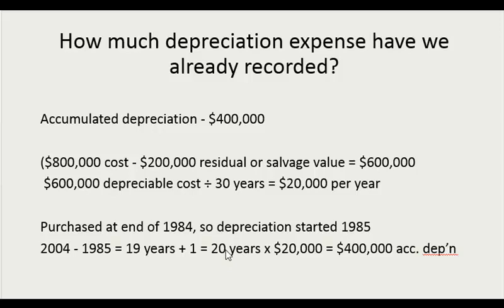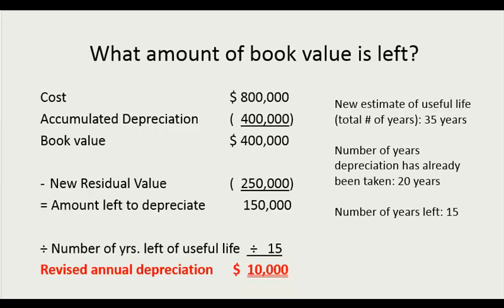So if we multiply the 20 years by $20,000 in depreciation expense each year, we can see how the $400,000 accumulated depreciation figure was obtained. So now that we know the amount of accumulated depreciation taken thus far and the original cost, we can see what the book value is now at the beginning of 2005.